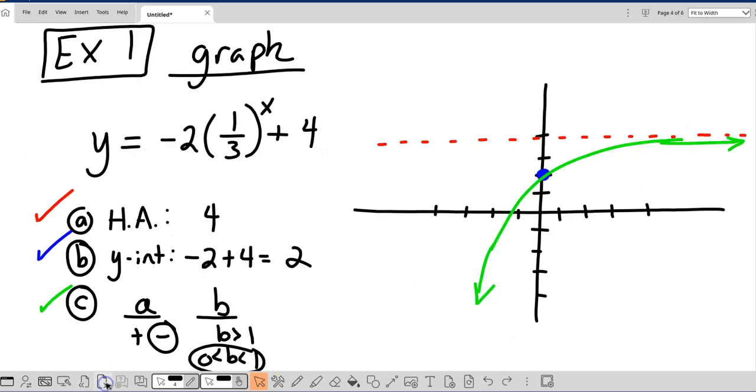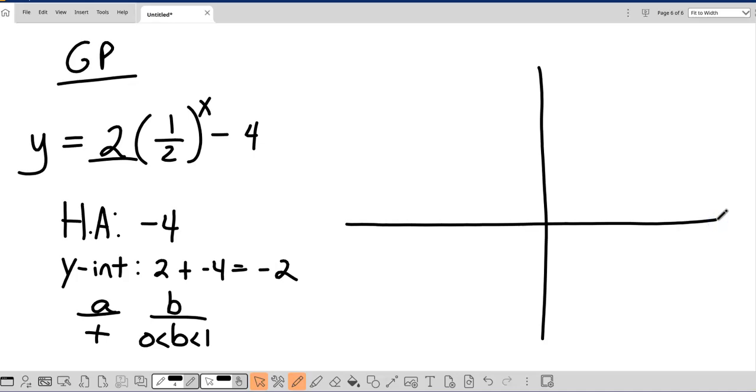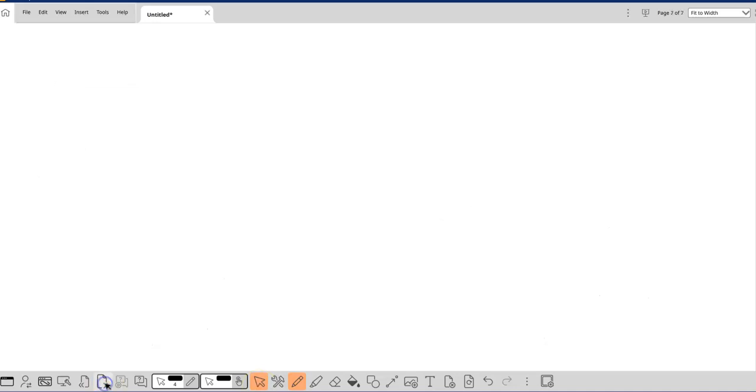So let's go ahead and see if you can sketch that real quick. Go ahead and see if you can draw a picture of your graph. I'll give you a moment, and I'll call someone up here to share what they think that would look like. On your own. Here we go. So we'll call this student practice.